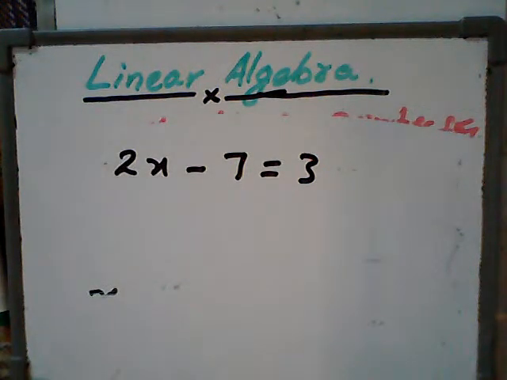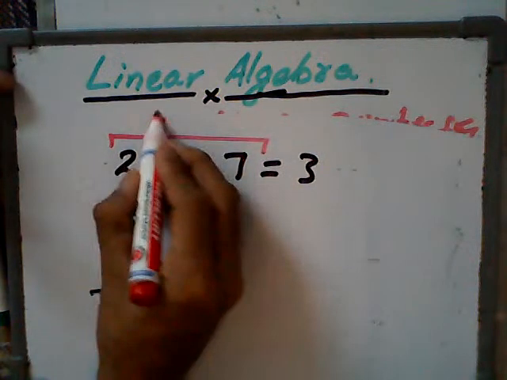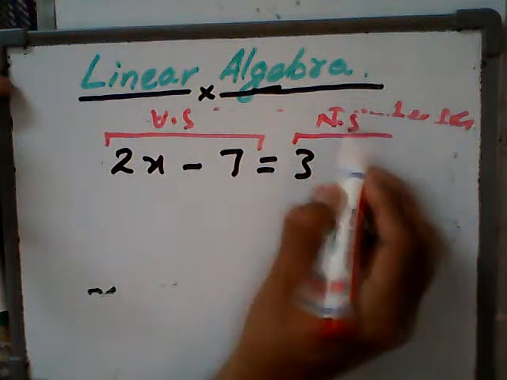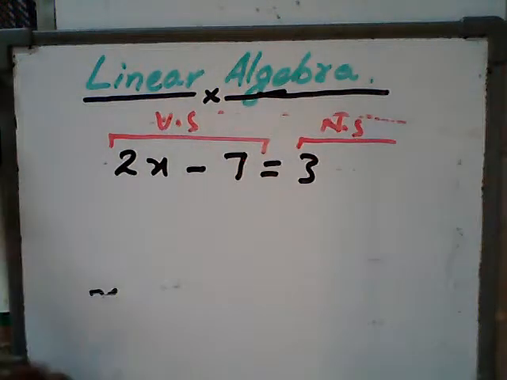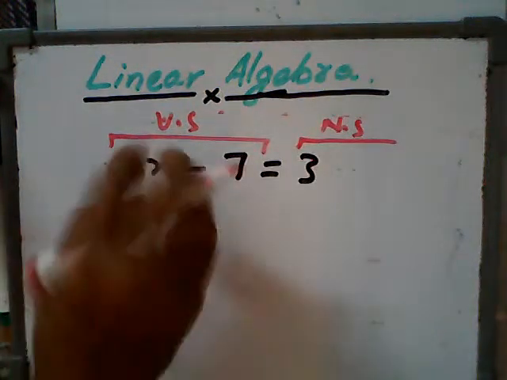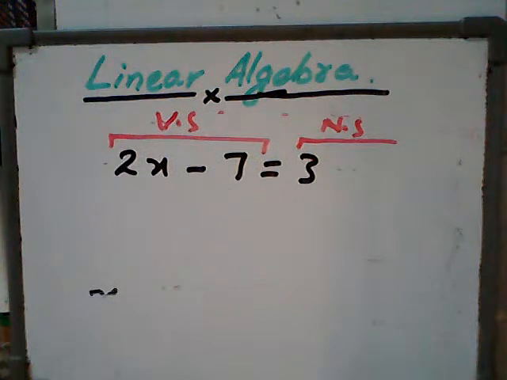Now again, there is a variable side and a number side, which I'm writing in short, and we know them now. In this one, we'll look at which is at the right place or wrong place.